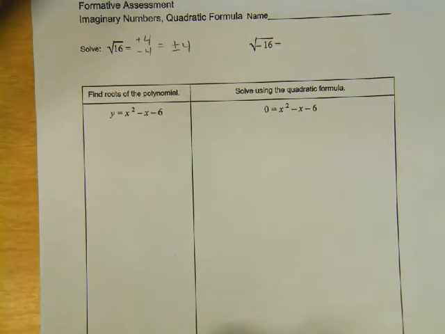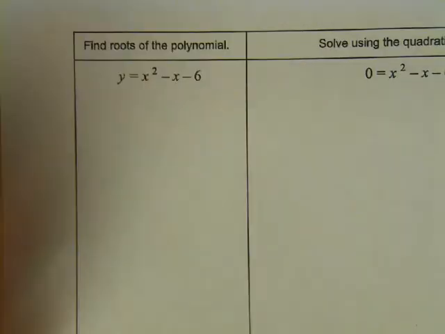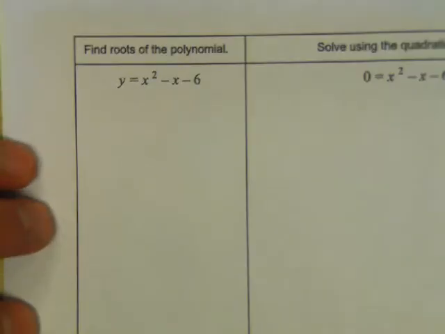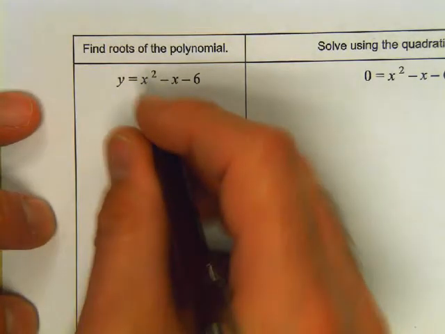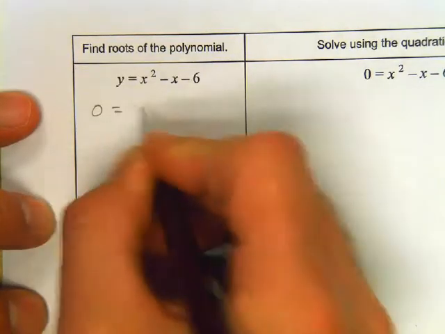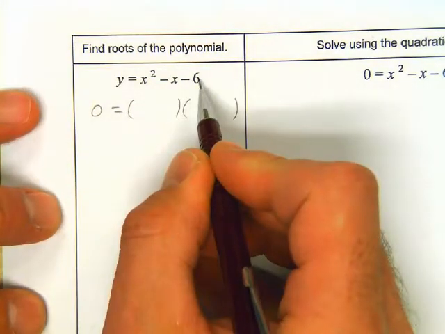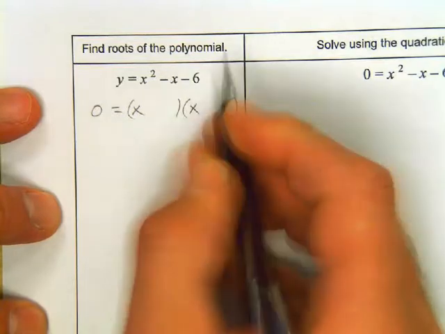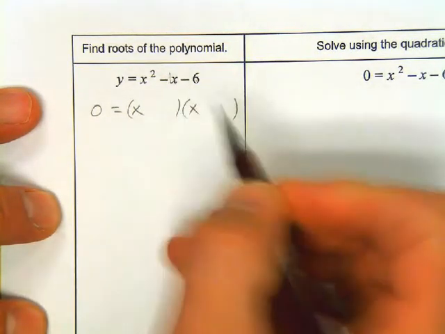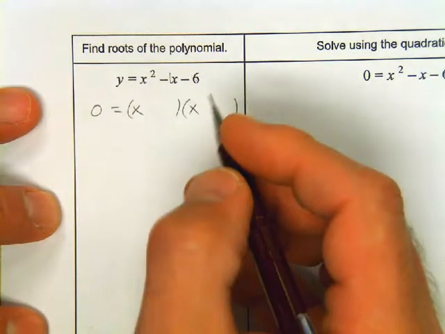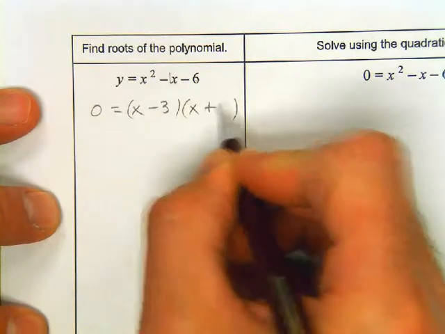This first problem on the left is what we've been doing. Find the roots of the polynomial. And by roots, we mean x-intercepts or zeros. And we would get those by setting this equal to 0 and then factoring this polynomial. So we need two numbers that multiply to negative 6 and add to negative 1. How about minus 3 and plus 2?